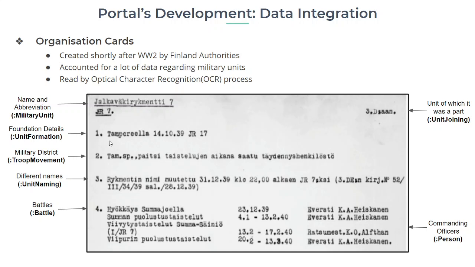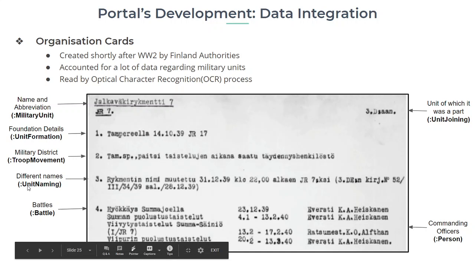The first point shows the foundation details of the unit, which comes under the unit formation field. The second point shows the districts in which the military unit was placed, which tells us about the troop movement field. The third point shows the different names that the unit was given, which comes under the unit naming field. And the fourth point shows the battles the unit fought, which comes under the battlefield.